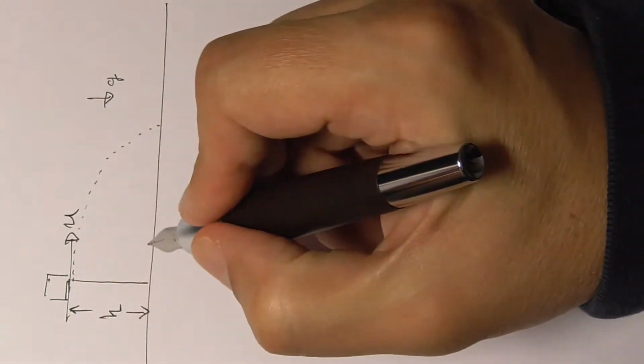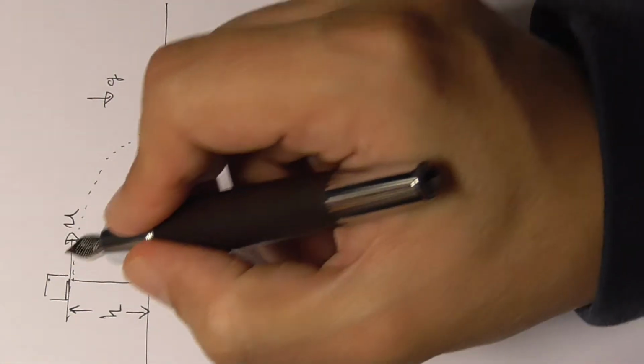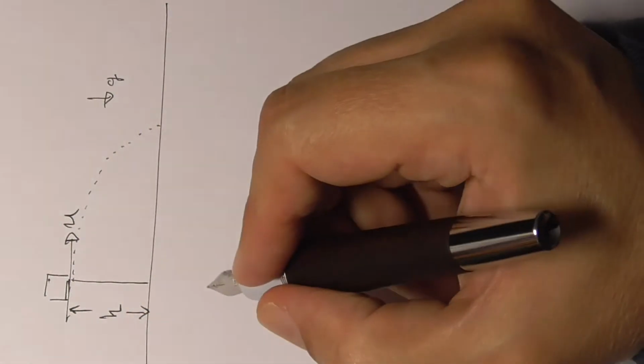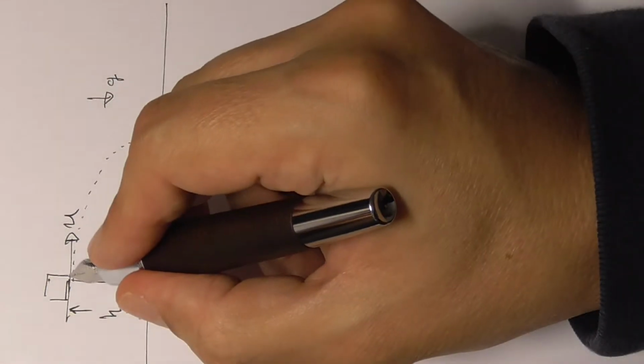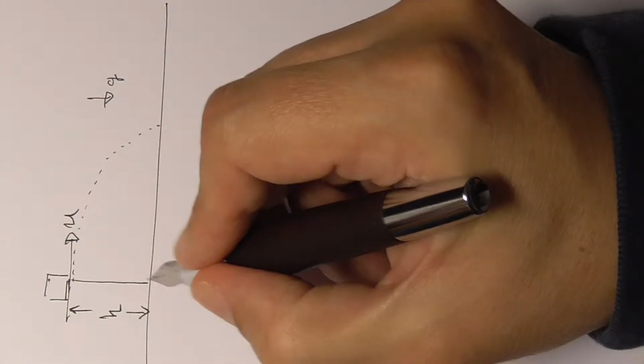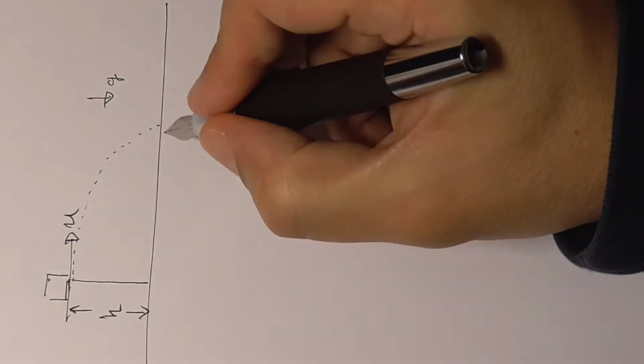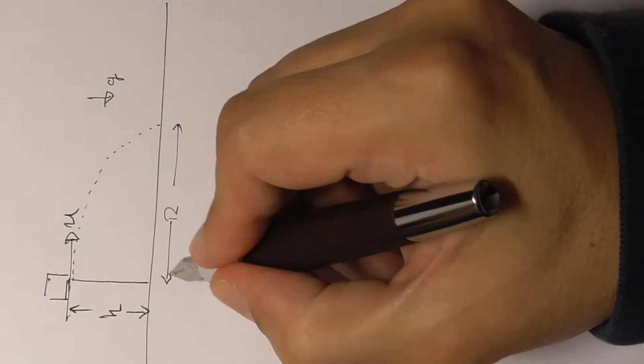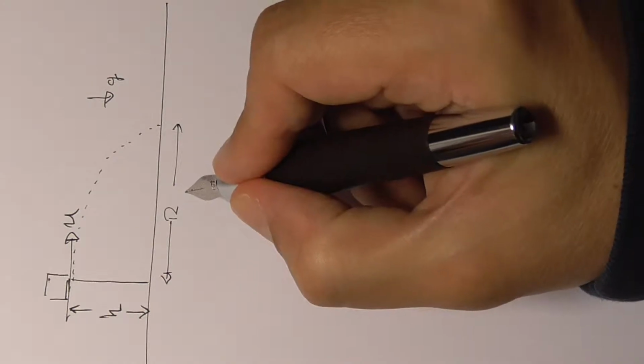The vertical is with the acceleration of gravity, basically free fall, because there is no initial velocity in the y direction. So if I can find the time of free fall, this is also the time that the mass is traveling the distance R, that we typically call the range.